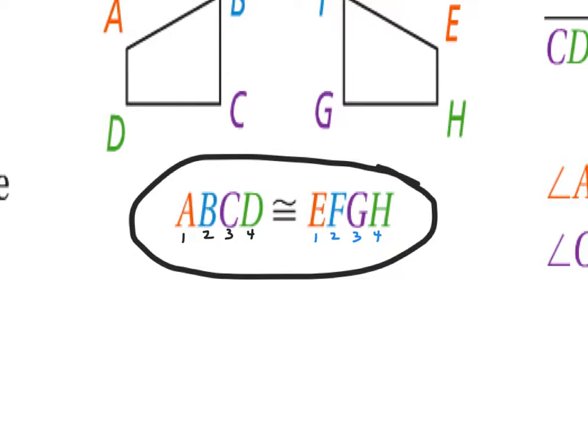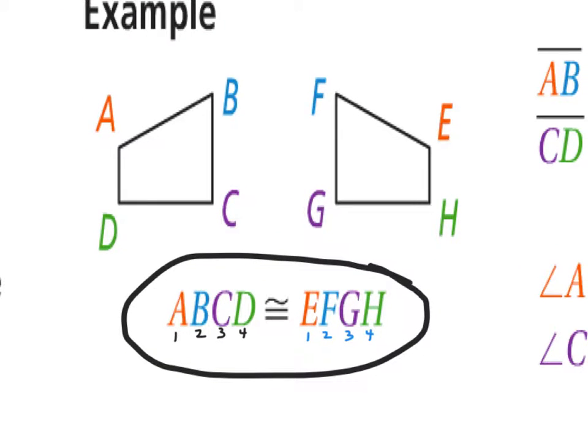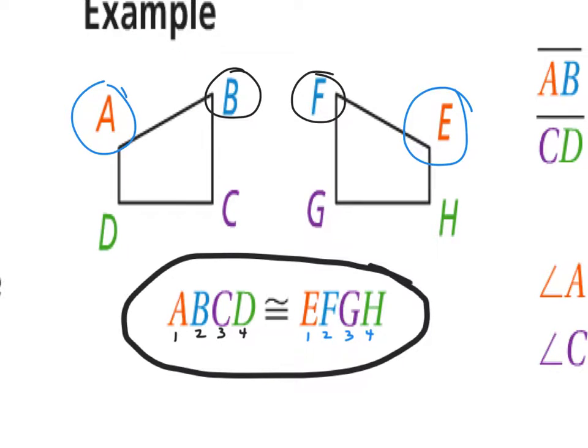So when we talk about angles here, and we talk about congruent angles, as you can see, angle A and angle E are in the same position. They are congruent to each other. Angle B and angle F, they're both in the second spot. They are congruent to each other.